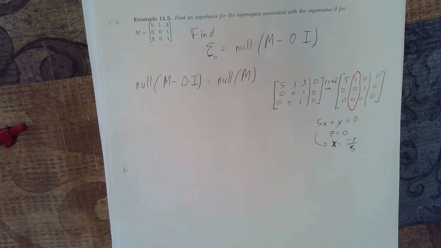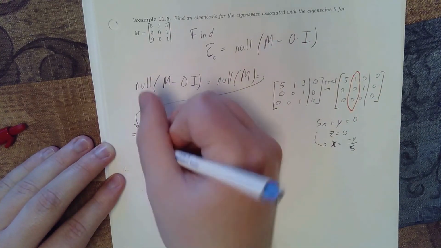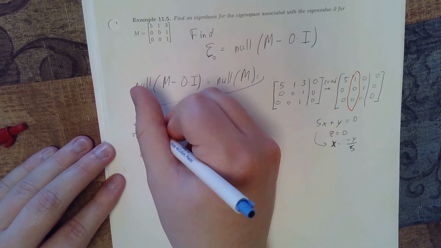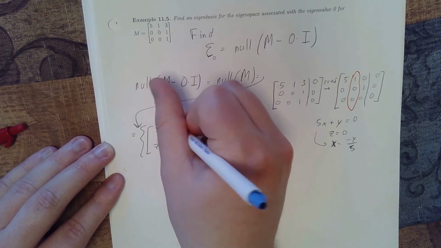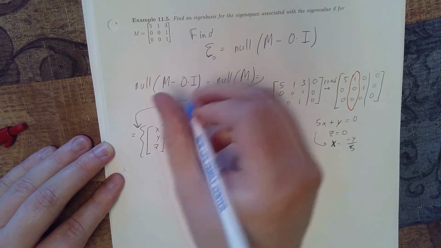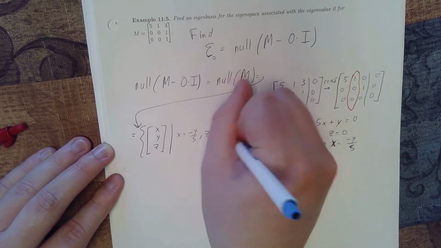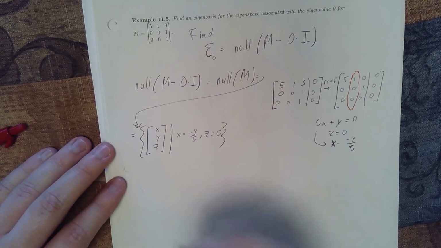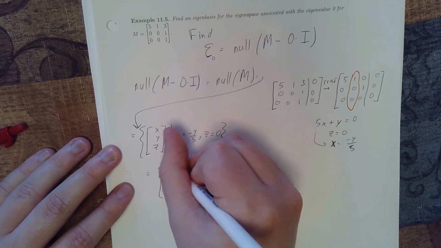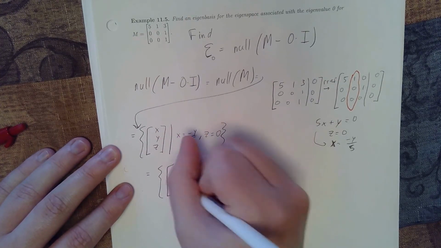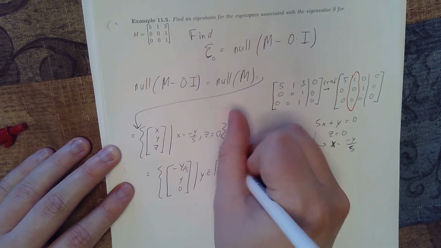And then when we start writing this null space, we have the set of all x, y, z such that x equals negative y over 5 and z equals 0. So this becomes the set of all vectors negative y over 5, y, 0, such that y is an element of the real numbers.